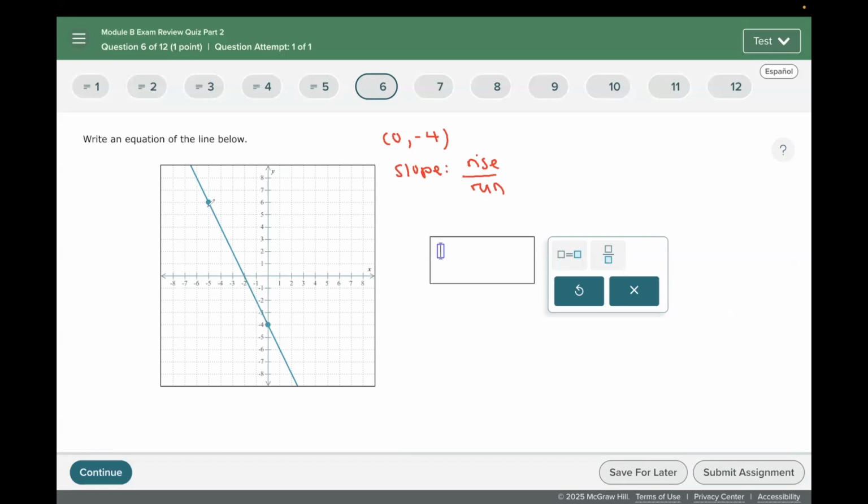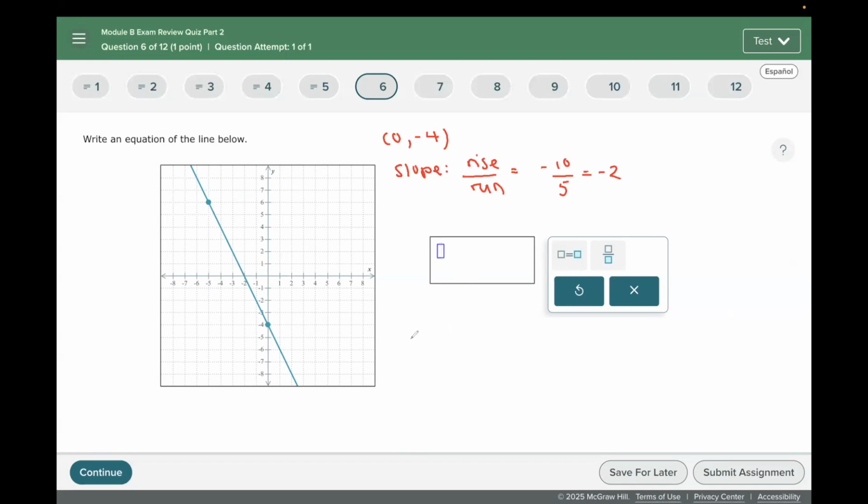Between these 2 points, it's a rise of 1, 2, 3, 4, 5, 6, 7, 8, 9, 10. So I'm going to put negative because it's decreasing. And then the run, let's see, here's -5 to 0. So the run will be 1, 2, 3, 4, 5. So slope is -2.